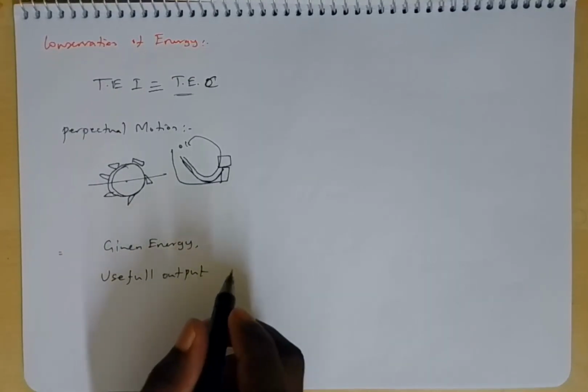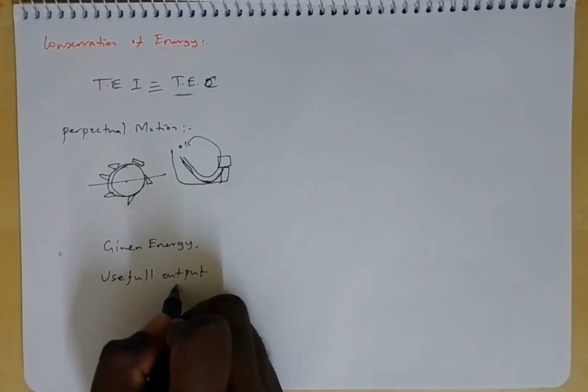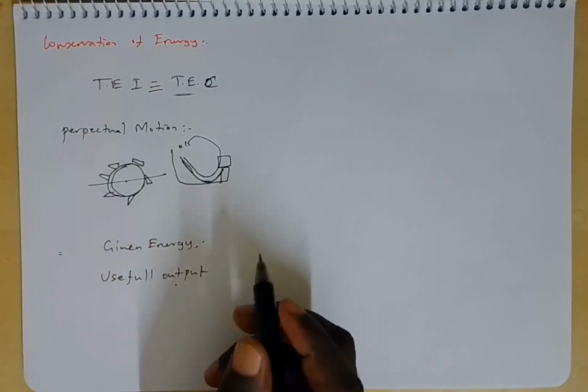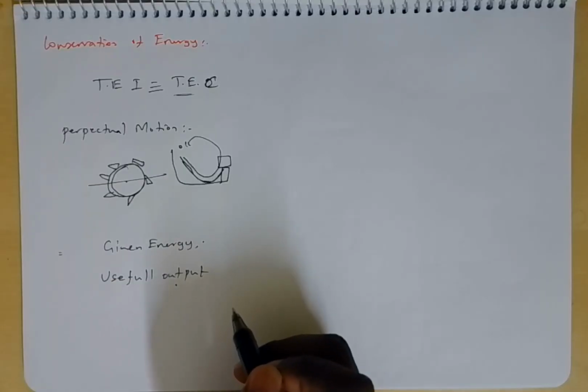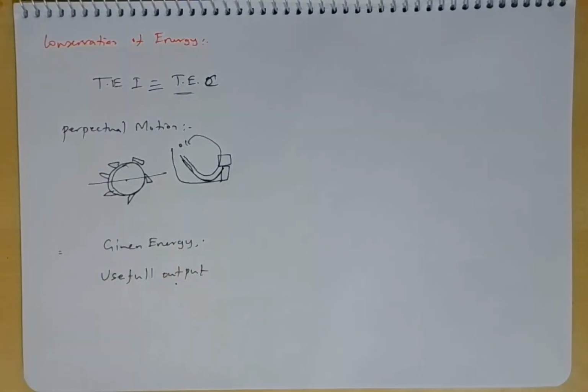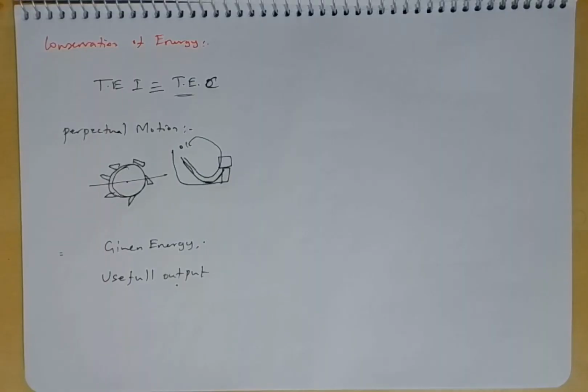Okay, so the idea is the useful output will always be less than the given energy, because of friction, air resistance, whatever. Let's say that we are using motorbikes. We are burning some amount of fuel, but we receive energy in the form of many things. One of them is sound from the silencer.